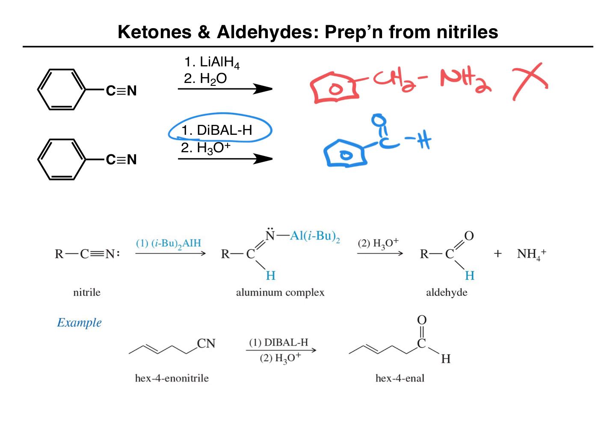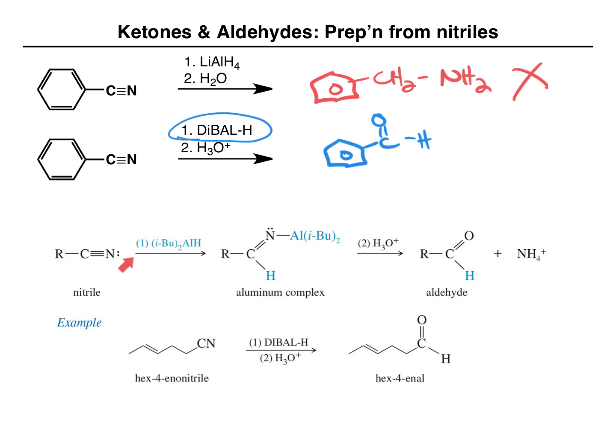So what's going on? We have our nitrile, and with DIBAL, this is a source of hydride. So the hydride is going to add to the carbon, push these electrons onto the nitrogen, and we get this imine salt with the aluminum. On aqueous acid workup, this imine salt will be converted to the imine and then hydrolyzed to the carbonyl containing compound, which in this case is going to be an aldehyde.